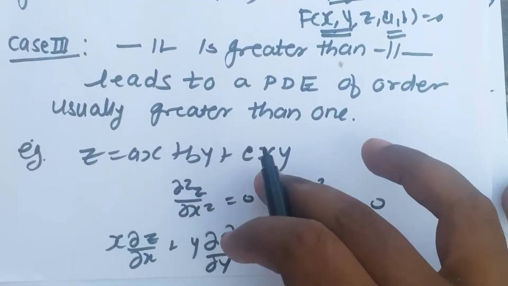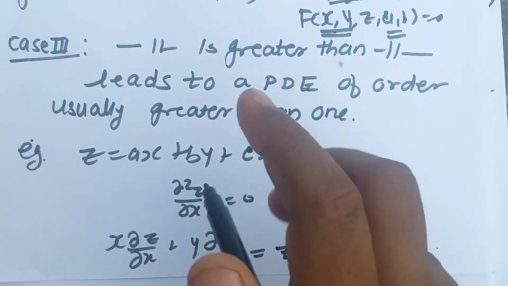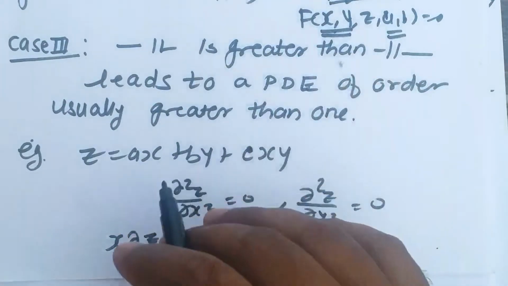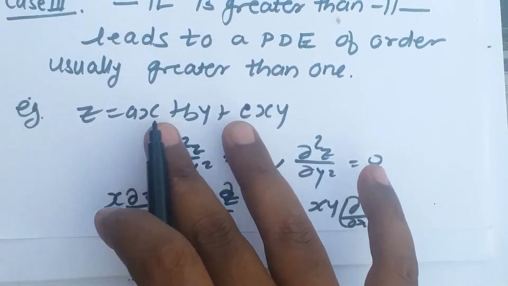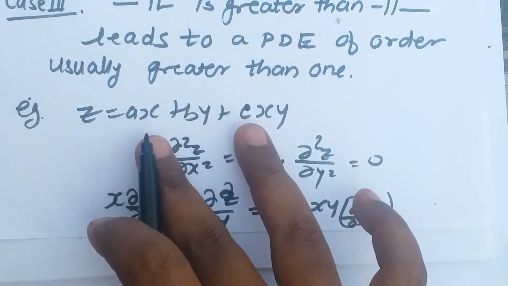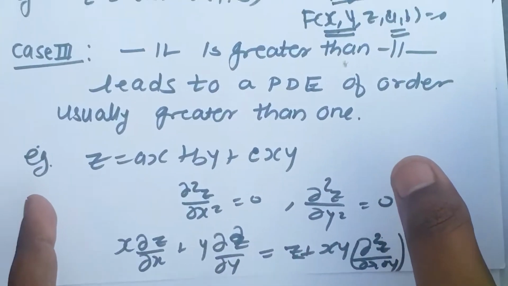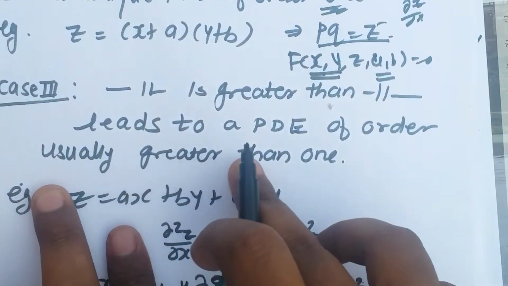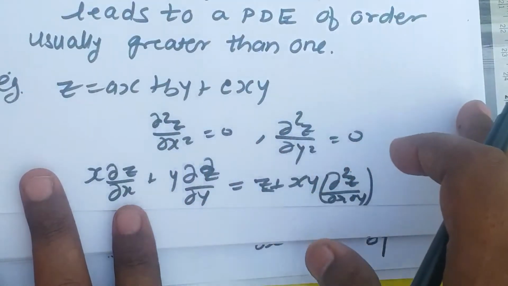Now in most of the problems we are going to have only 2 independent variables, and if the number of arbitrary constants is 3, which is more than the number of independent variables. Here we have 3 arbitrary constants a, b, c, and the number of independent variables is 2. So arbitrary constants are more than independent variables. In this case we'll get a partial differential equation of order greater than 1, it may be of order 2 or it may be of order 3.